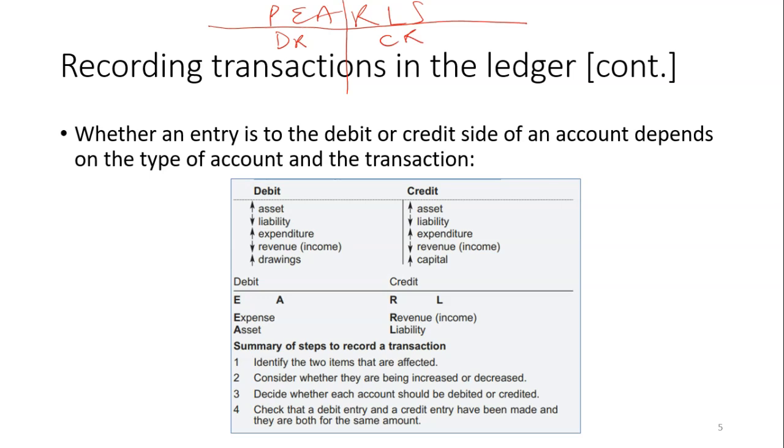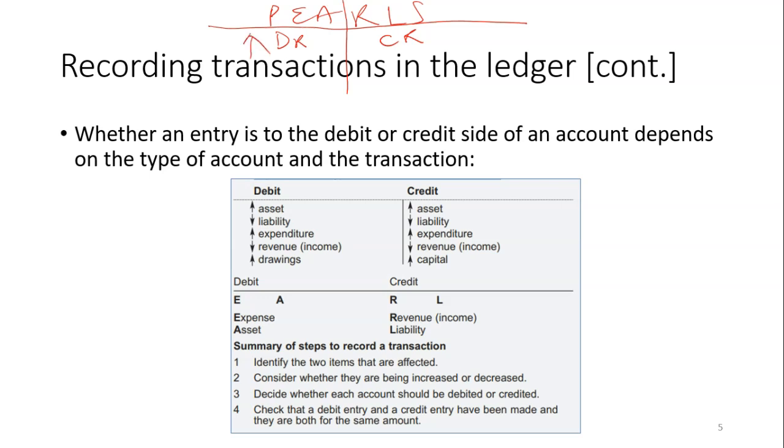So the P stands for purchases, E stands for expenses, A assets. Then the R stands for revenue, L liabilities, S things like share capital, etc. If we want to increase assets, we debit them.